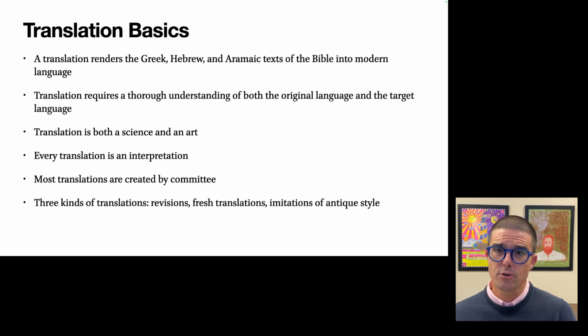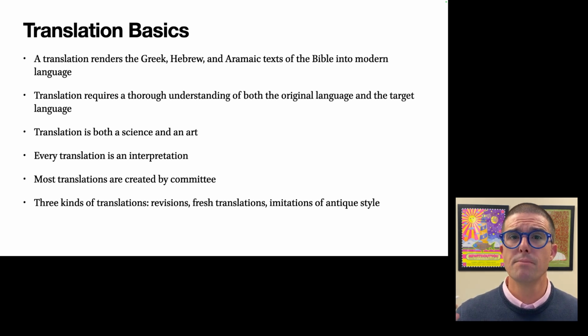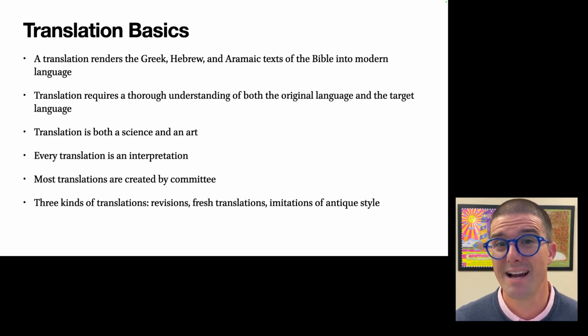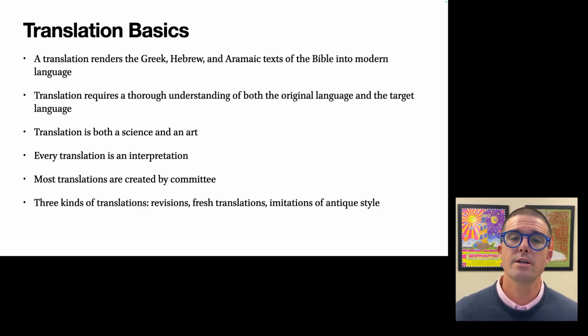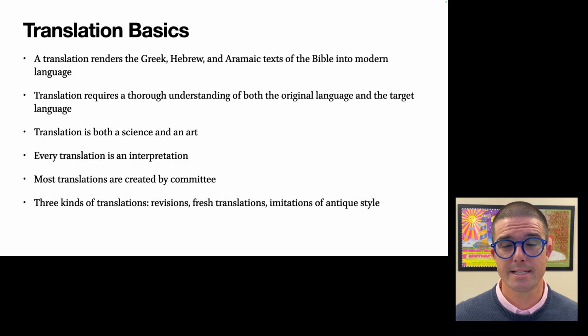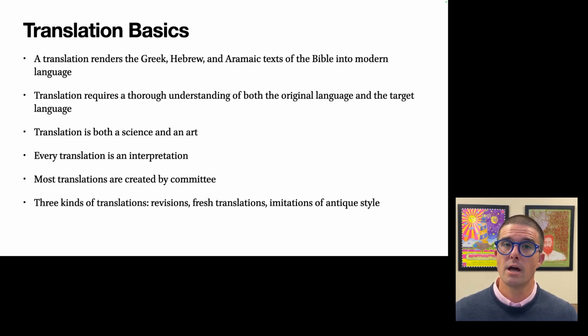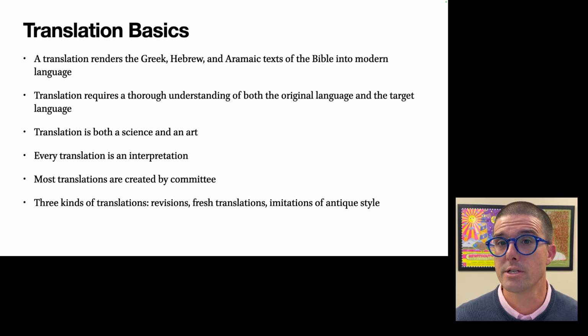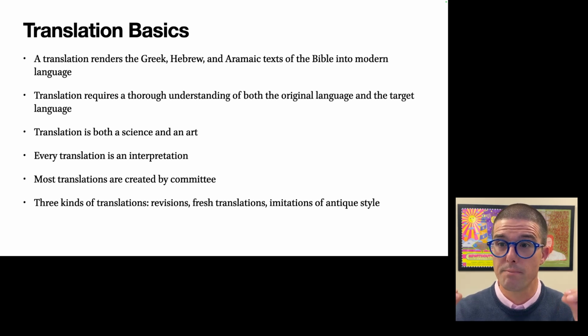And then the last group is the kind that's most often done by single individuals. These are imitations of antique style, or translations that bring their own style to a text in a really self-conscious way, where they're trying to do something particular with their English style.